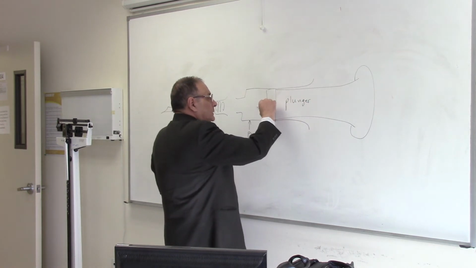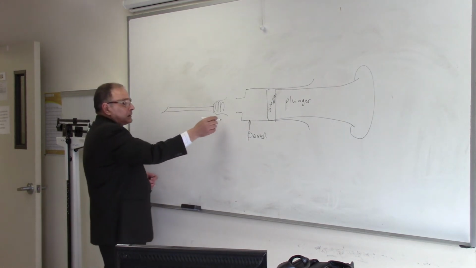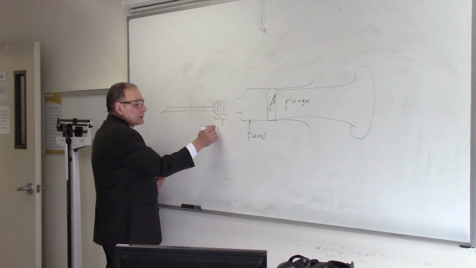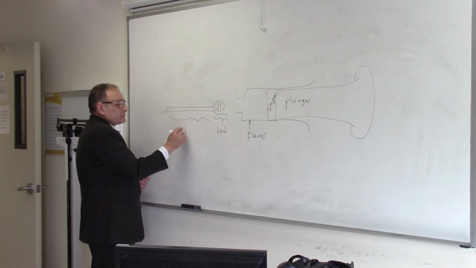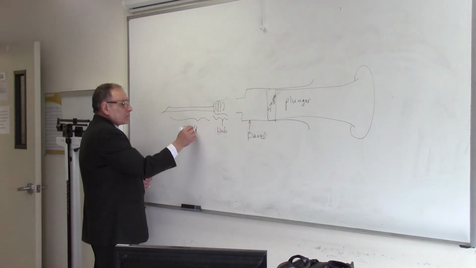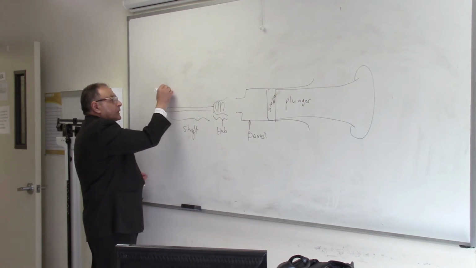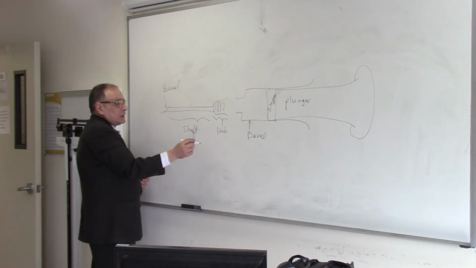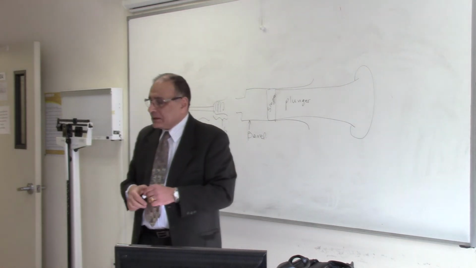And here is the stopper. And that is the needle. It's formed of the hub, shaft, and bevel. All this is called the needle. These are the parts of the syringe.